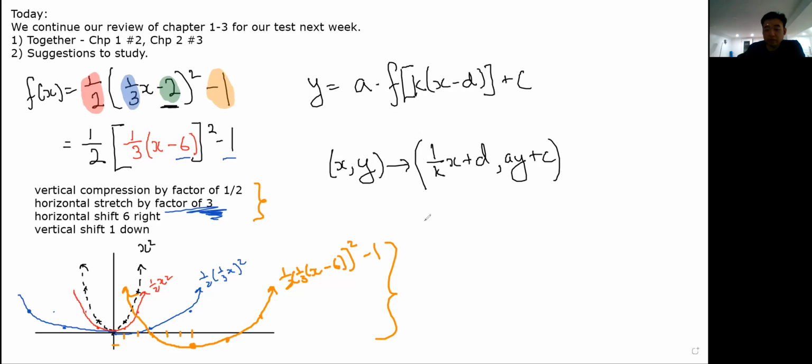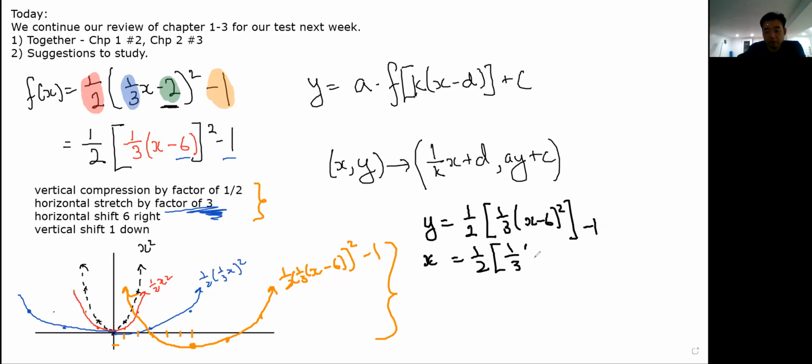So if I want to calculate the inverse, I'm going to bring the f of x and turn it back into y. I'm going to, just like the graph, swap the location of x and y because I am swapping the independent and dependent variables. It's the exact same stuff.